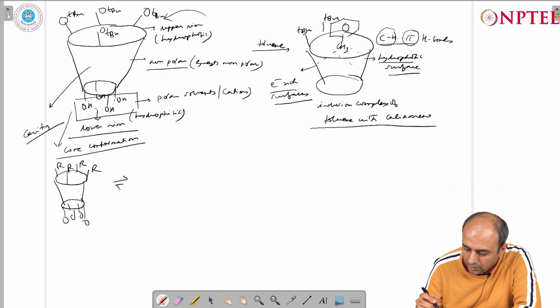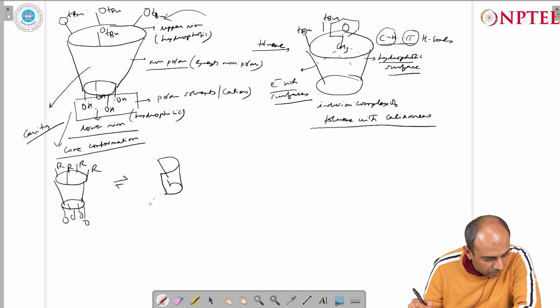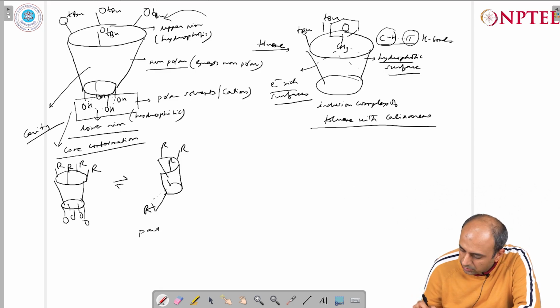this exists in equilibrium with the partial cone conformation.